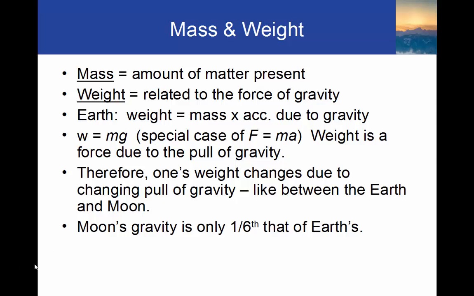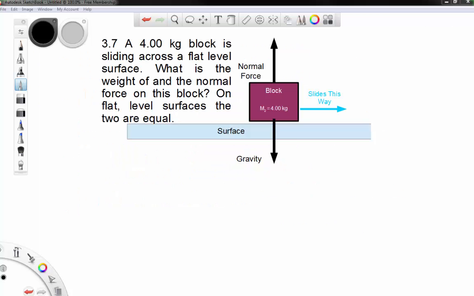And this is a second case of Newton's second law. Newton's second law being F equals ma. So this is saying that the weight should be the mass times the gravitational acceleration. So that's 4.00 kilograms times 9.8 meters per second squared.